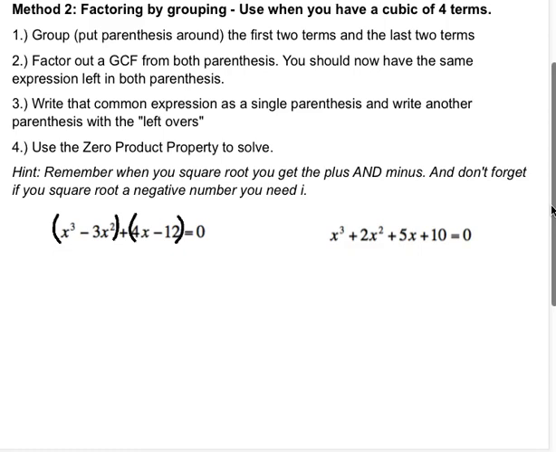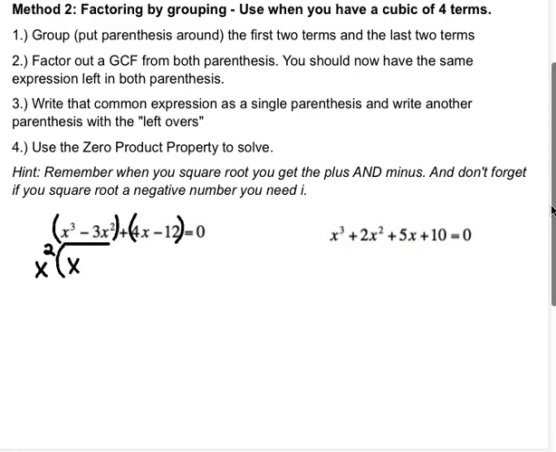So when I do that, the second step is now I'm going to factor out the greatest common factor of both of them. From this first parenthesis right here, I can factor out an x squared, because between an x cubed and an x squared, I can take out the lesser of those exponents. So I'm going to take out that x squared, and that's going to leave me with an x.